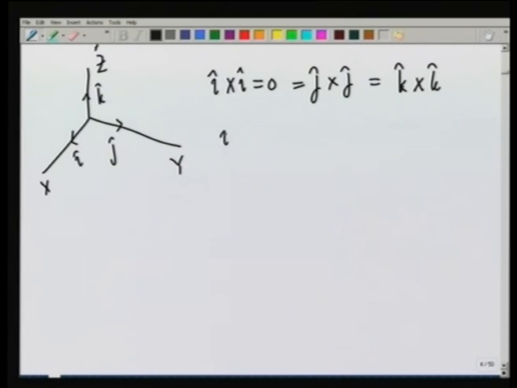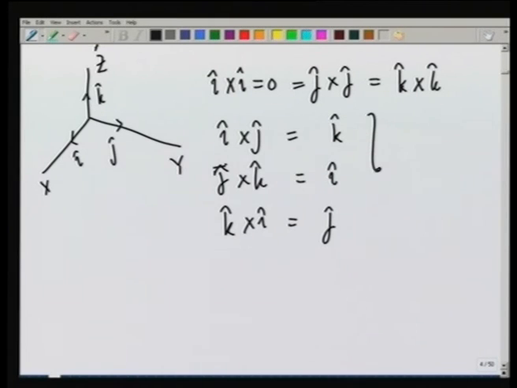On the other hand, i cross j is equal to k, j cross k is equal to i, and k cross i is equal to j. These are the relationships between unit vectors. Let us now look at one or two examples where you see these relationships carefully.